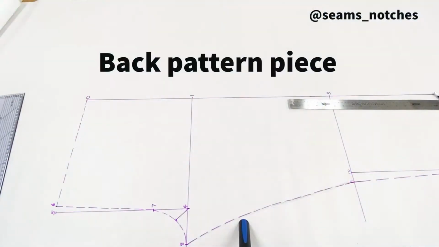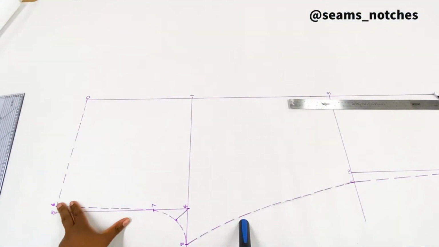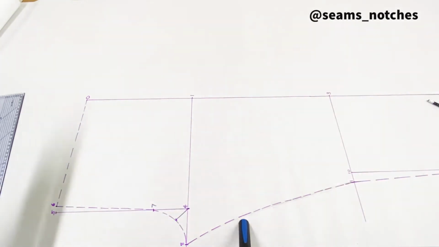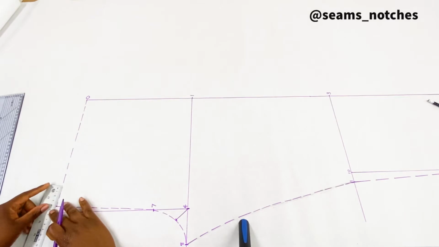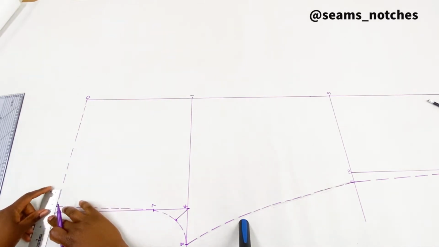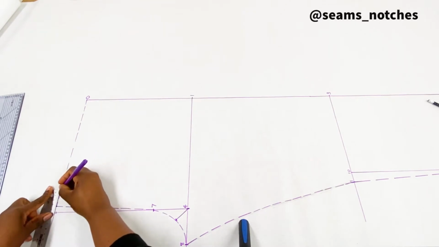So to get point 12, we need to measure from point 6, 3.5 centimeters. So place your ruler from point 6 inwards, and that will give us 3.5 centimeters.